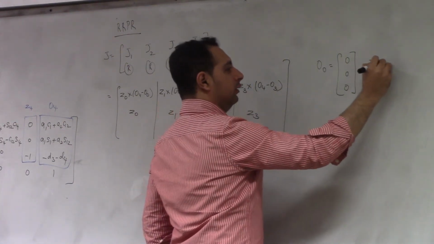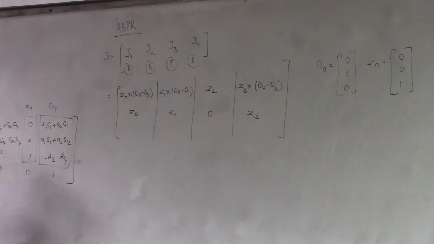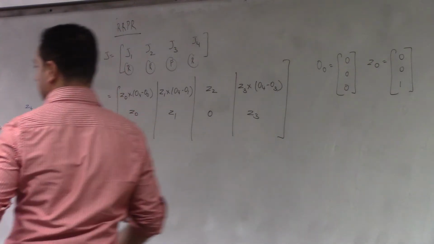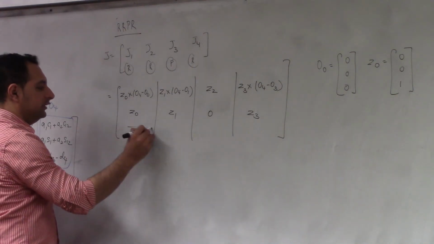And Z0 is, assuming it's aligned in the standard way, so these two axes are the standard here.